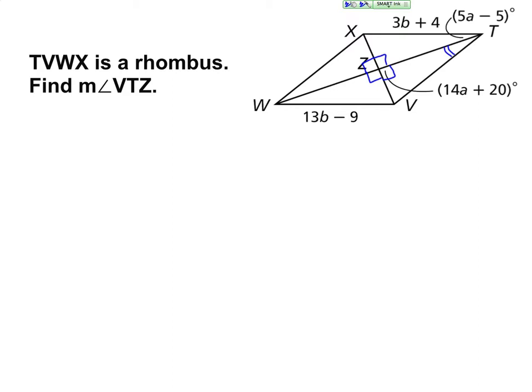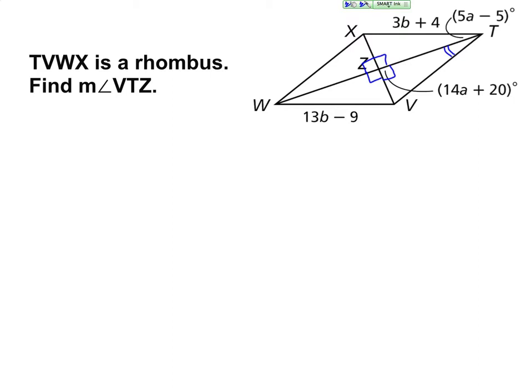So is this point the midpoint of the diagonals in a rhombus? Yes. Prove it to me. What theorem or definition supports it? It's not today's material. What am I looking for?